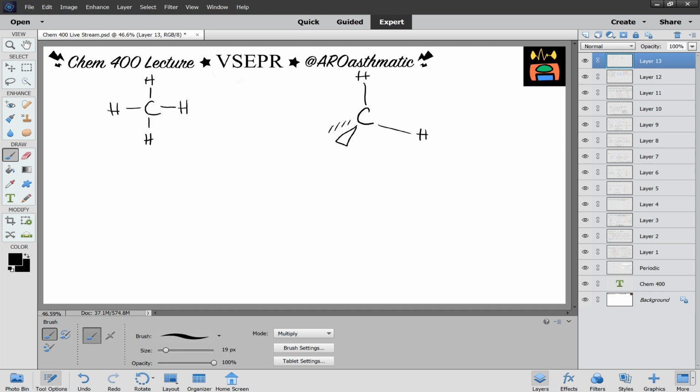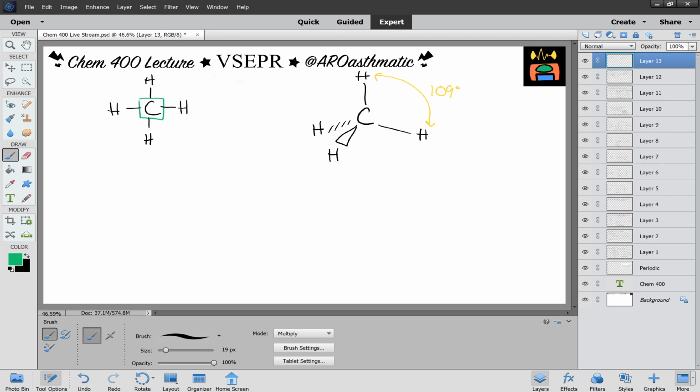Every tetrahedron's the same: 2 bonds in the plane, 1 wedged, 1 dashed, and we know that we have bond angles of 109 degrees. We know that from VSEPR. And I might add that this is the shape of CH4. This is the structure of the molecule. This is how it actually looks.